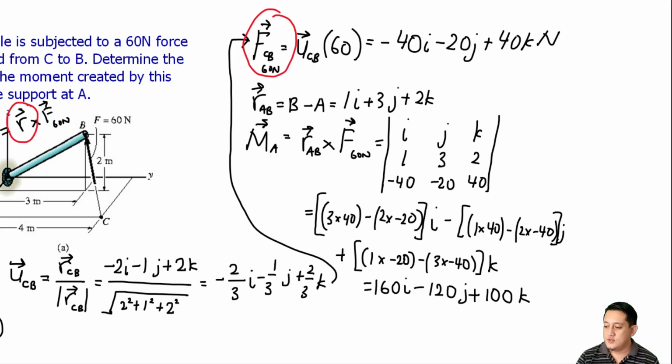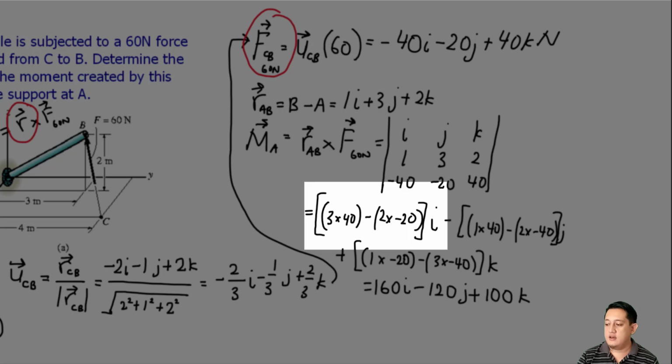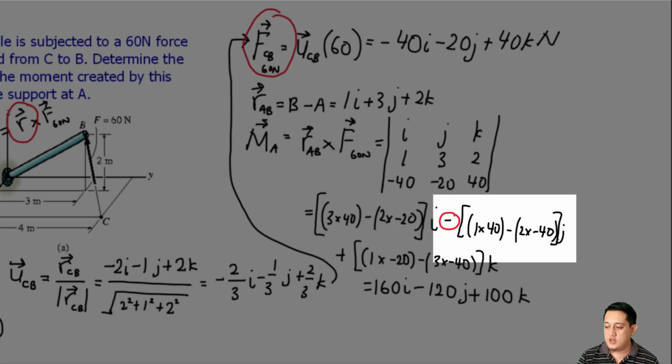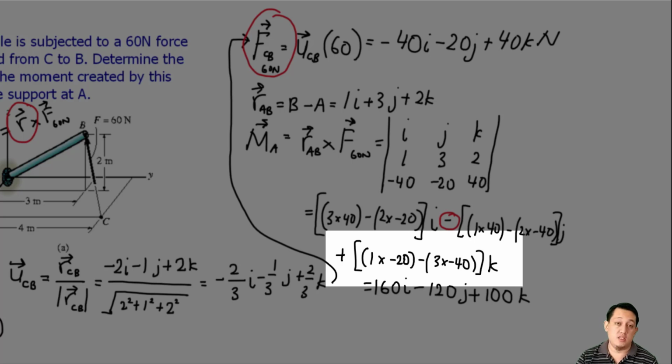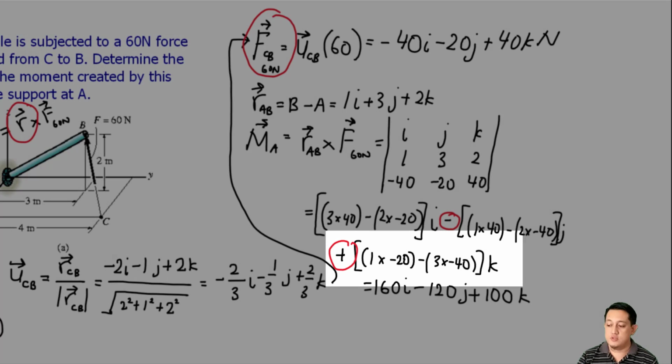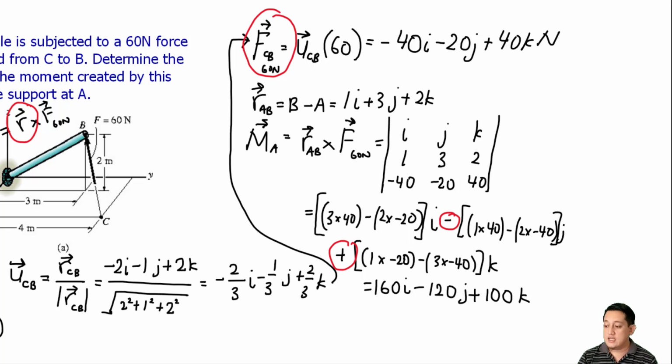When we do the matrix calculation, first of all, i is positive, but for j, make sure you put negative. And then for k is positive again. So when we calculate it, the answer will be 160i minus 120j plus 100k.